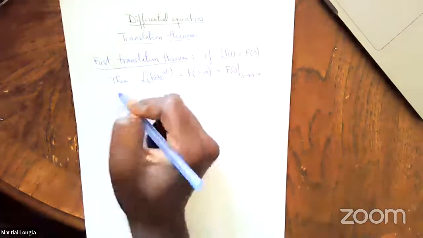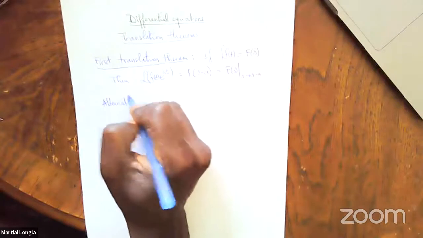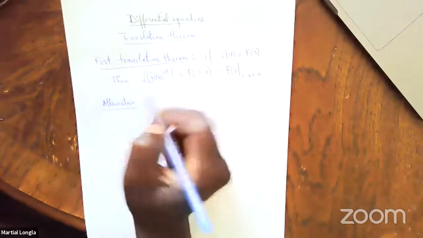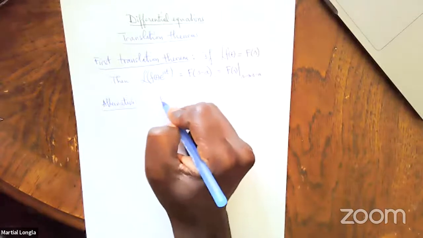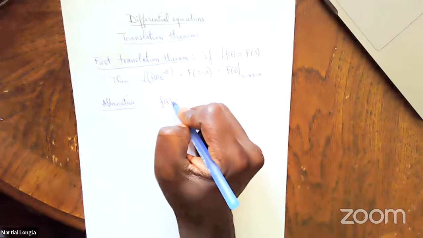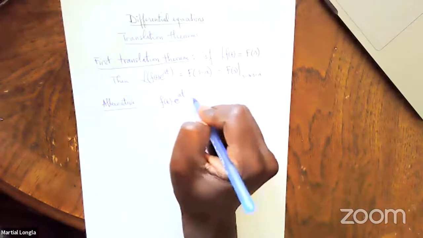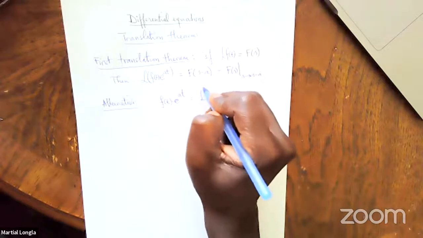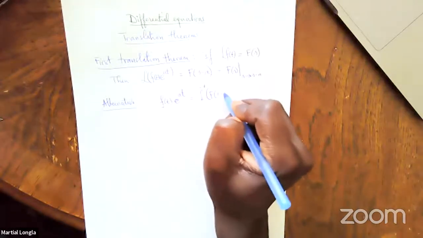It can also be written as f of t times e to the at is the inverse Laplace transform of F of s minus a.